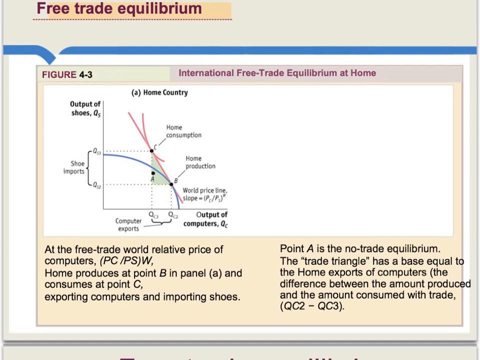They produce more computers, and they then trade up along this price line, and they achieve levels of consumption where for computers it's given down here, and for shoes it's given up here on the vertical axis.